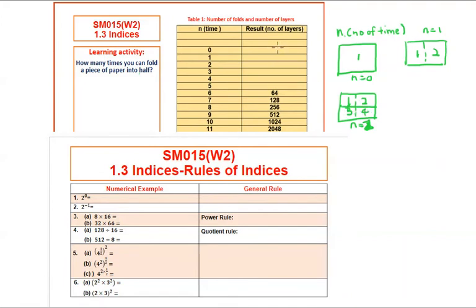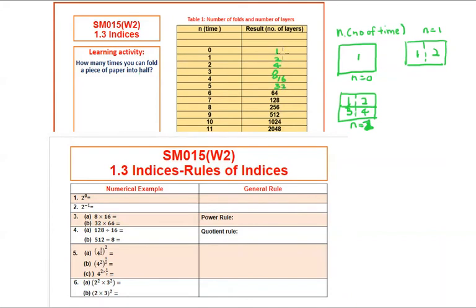So starting is 1 layer, this one 2 layers, this one 4 layers. How many layers if you fold for the third time? You should get 8 layers. It's doubling. So for the fourth time, the double of 8 is 16. The double of 16 is 32.